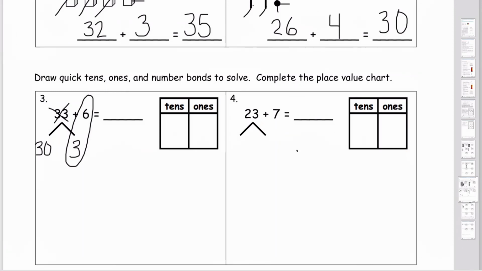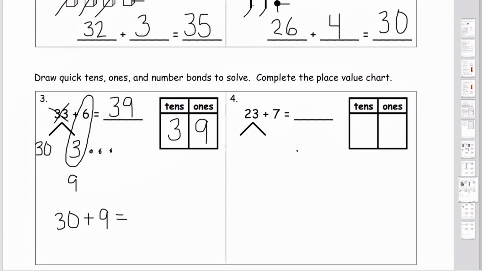So I say 6, 7, 8, 9. So 6 plus 3 is 9. So I had 30, and now I'm adding 9 more, and that is the same as 39. Good job. That would be 3 tens and 9 ones.